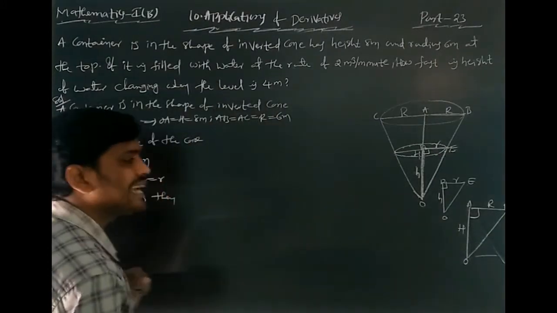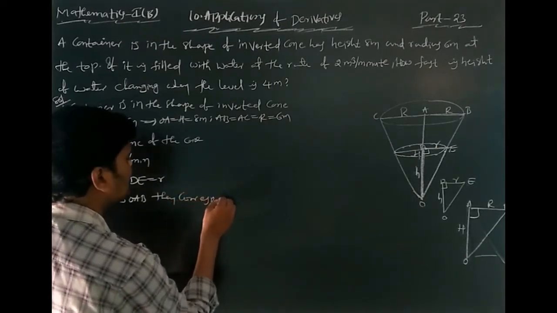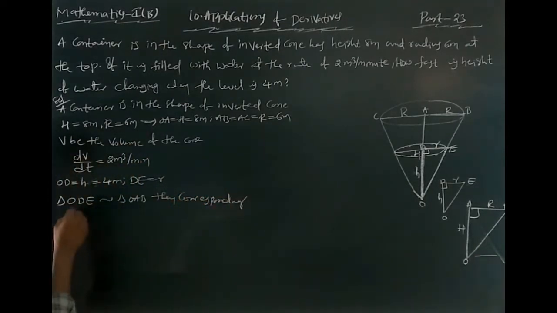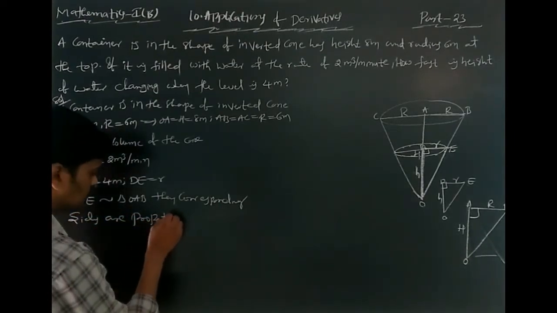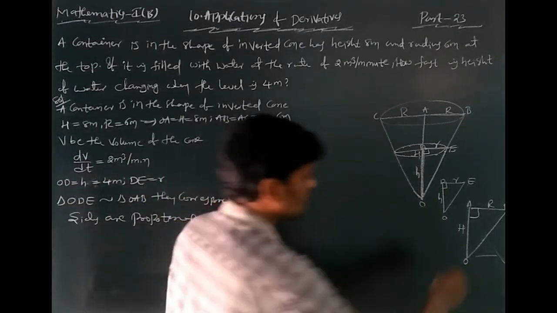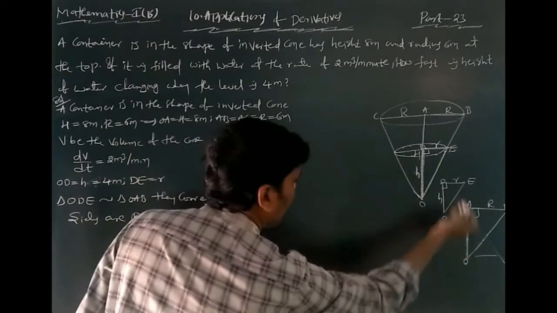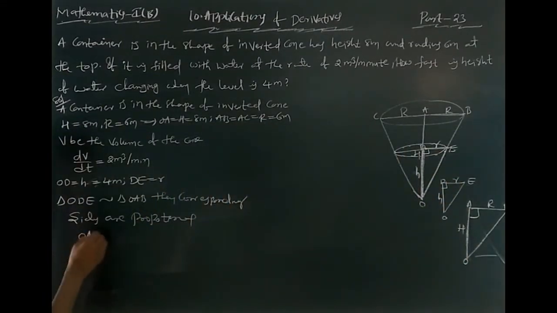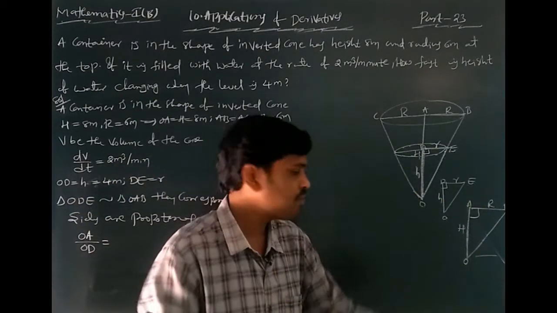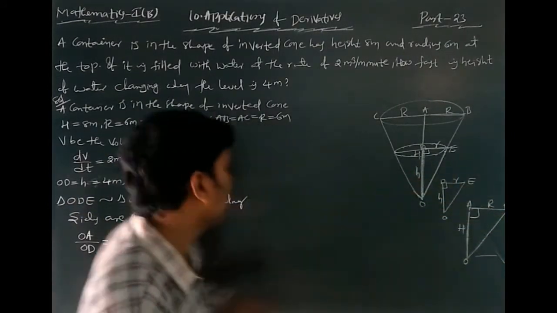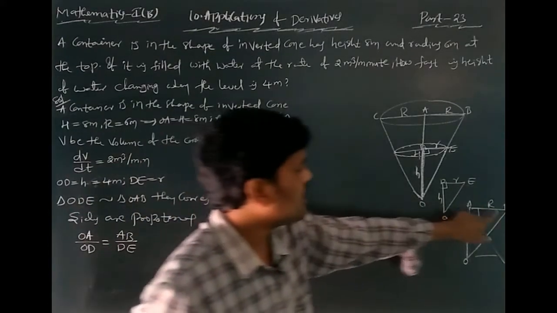So the ratio of OA by OD equals AB by DE.